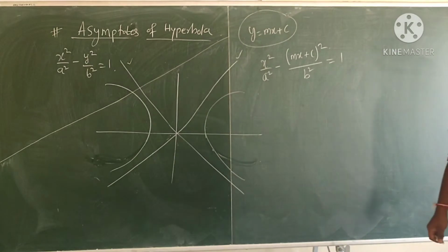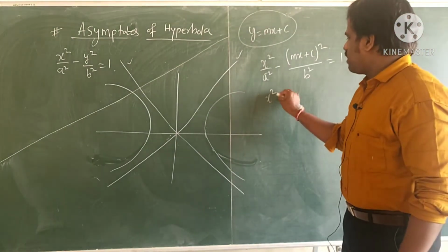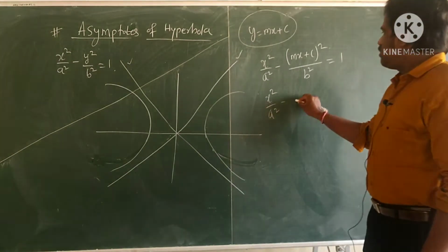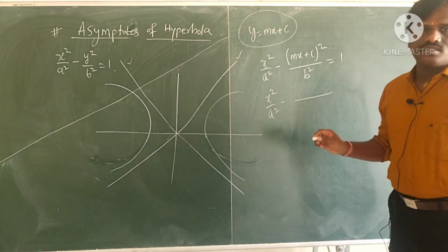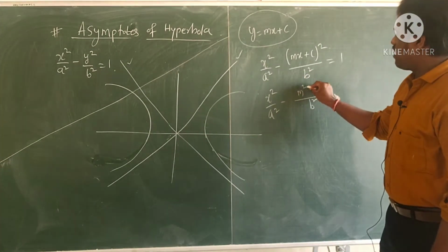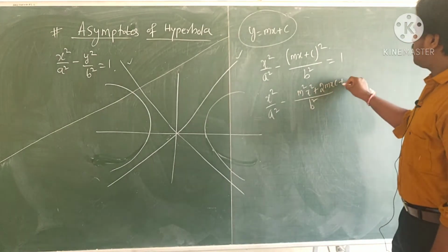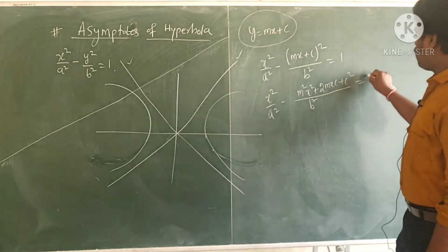Correct? So what I get here, x square by a square minus, if I simplify this, (m square x square plus 2mxc plus c square) is equal to 1.